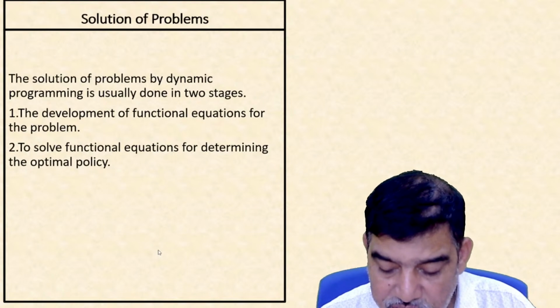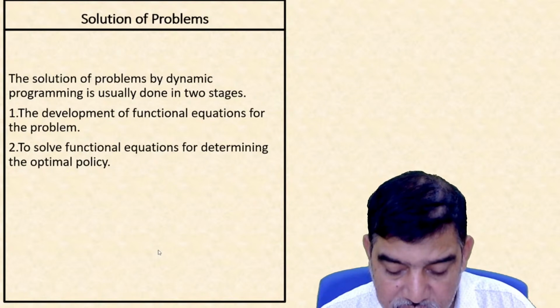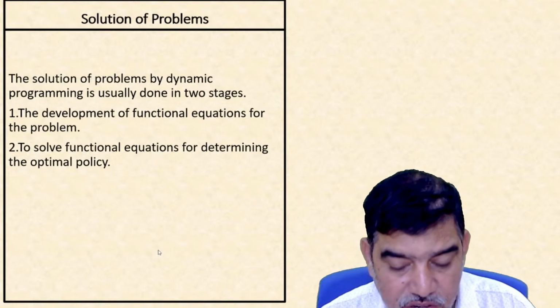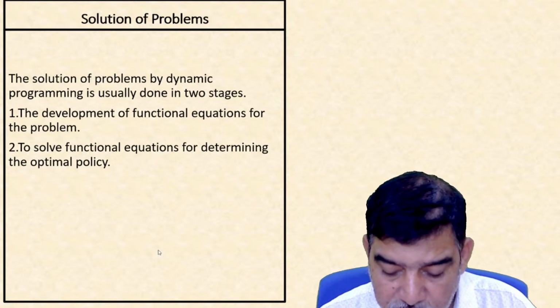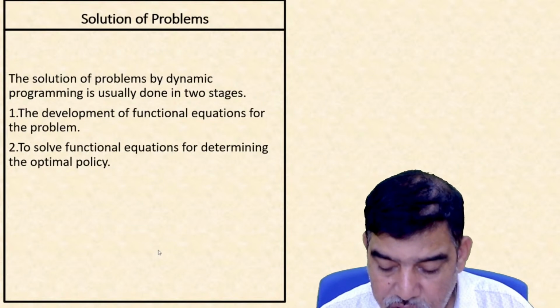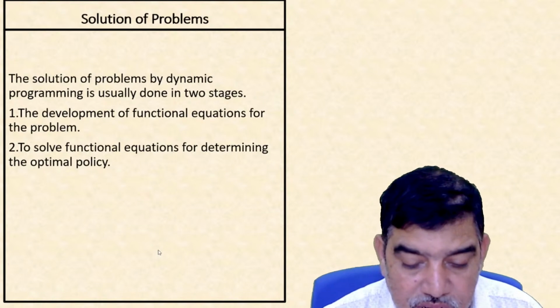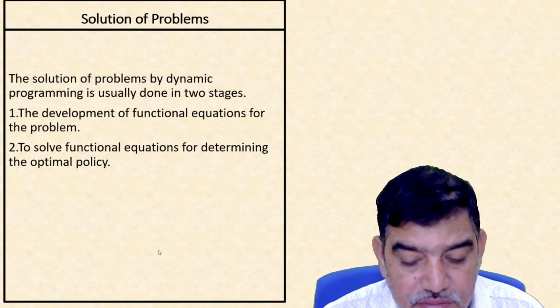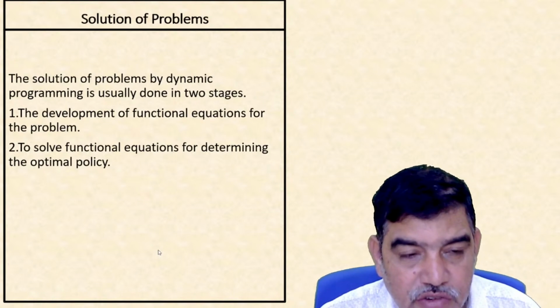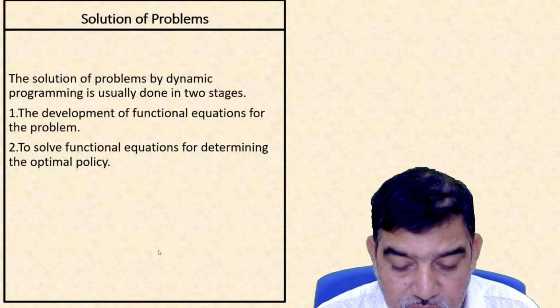The stages can be thought of as connected in series, sequentially, with the output of a stage forming one of the inputs to the immediately succeeding stage. After one stage, you move to the second stage.